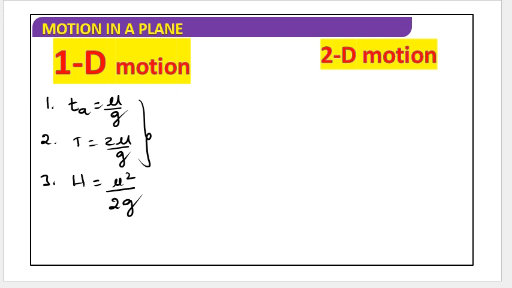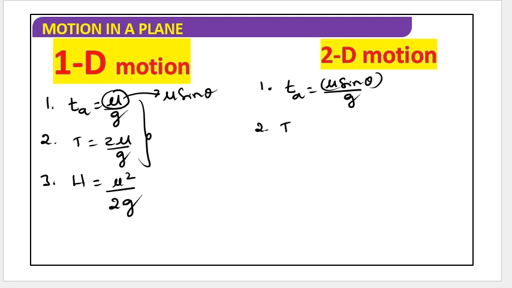Convert this one dimensional motion into two dimensional motion. Simply, in the place of u, if you write u sin theta, then one dimensional motion is converted into two dimensional motion. Time of ascent is u sin theta by g.